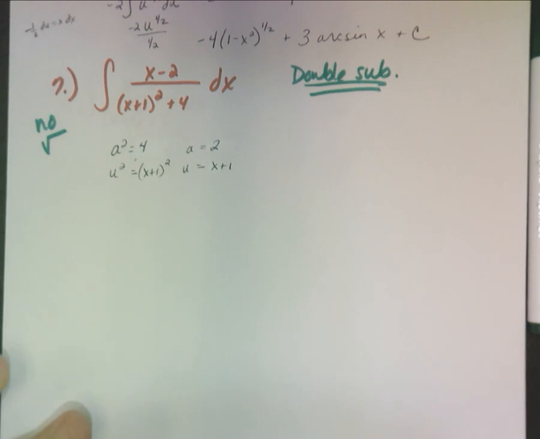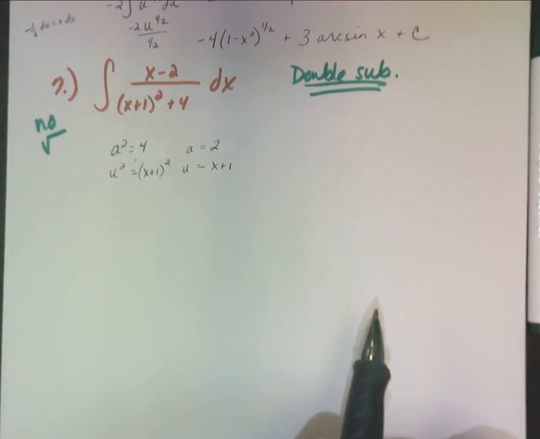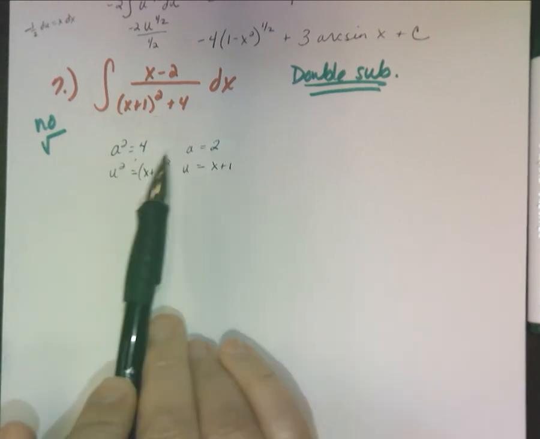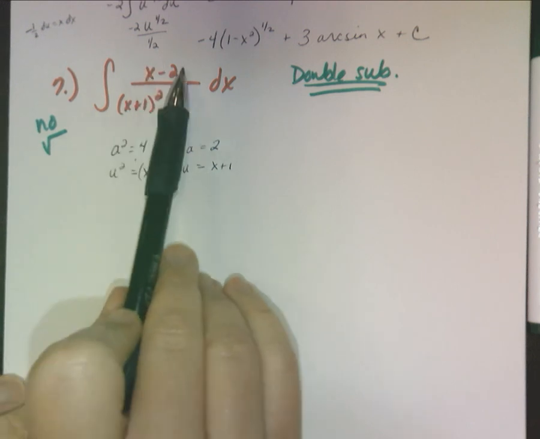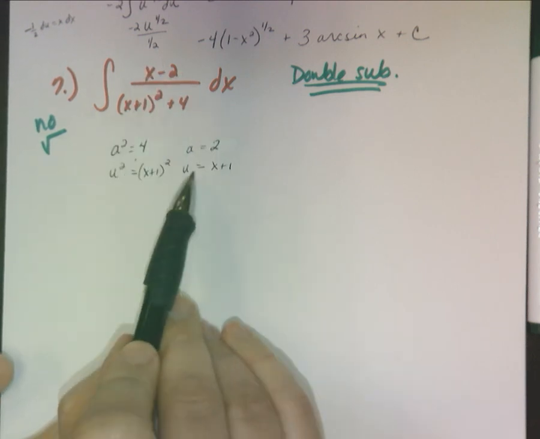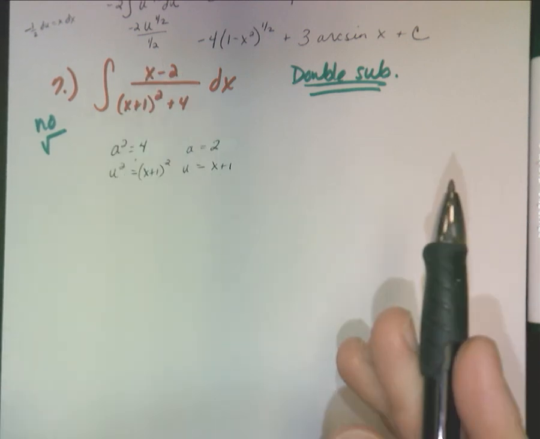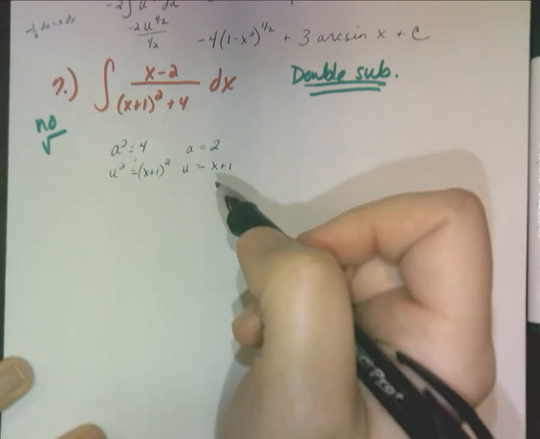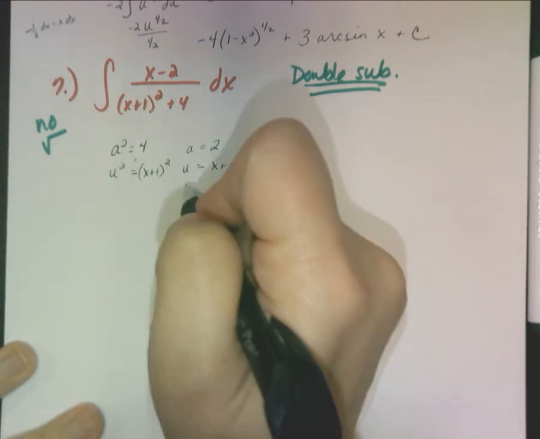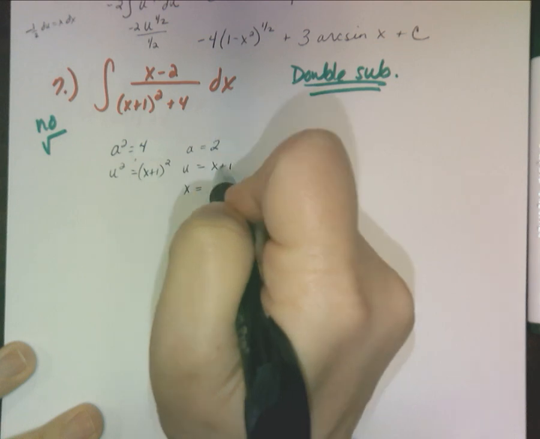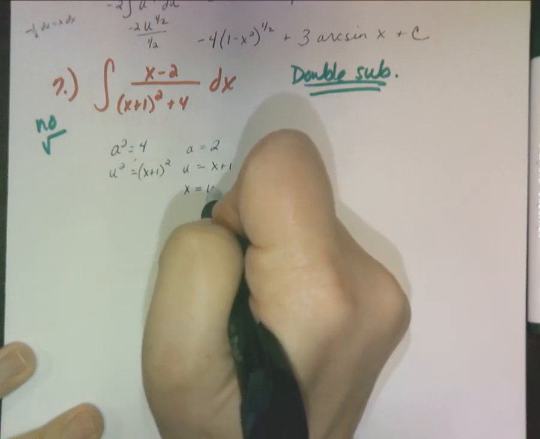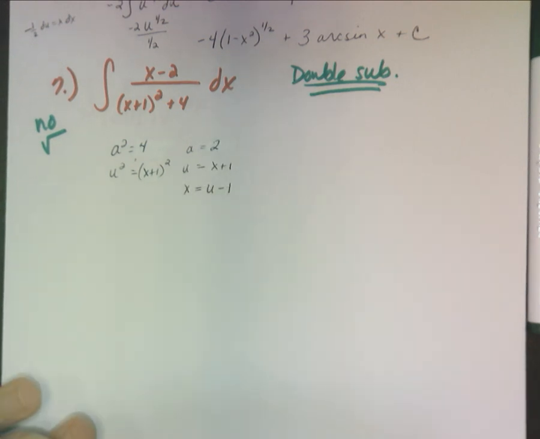If we go to try to rewrite this, we will have a problem because we have an x minus 2, and obviously taking the derivative of this is just 1. So what we need to do is actually do a double substitution where x is actually equal to u minus 1. And you'll see why this is very helpful in a minute.